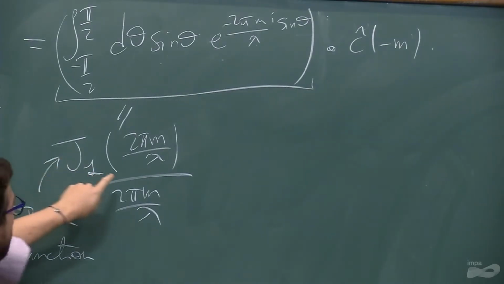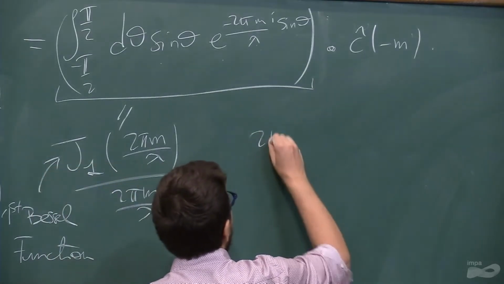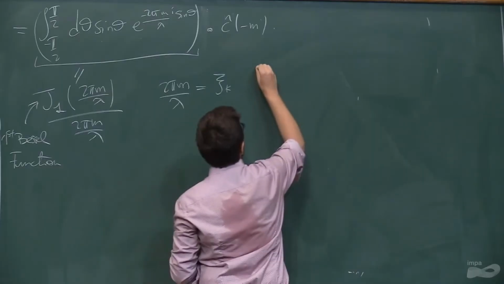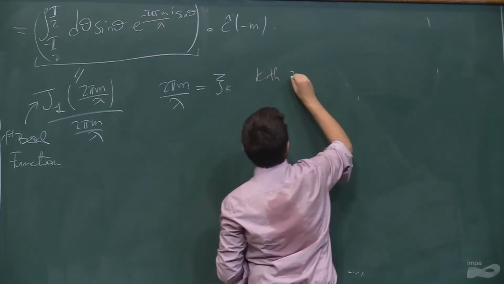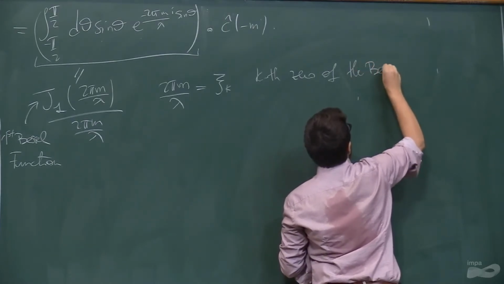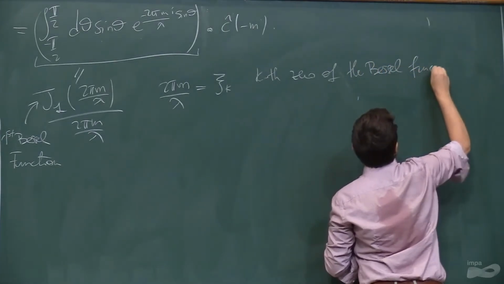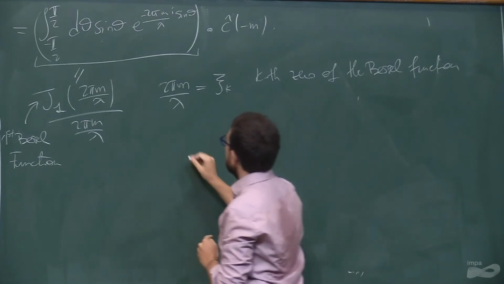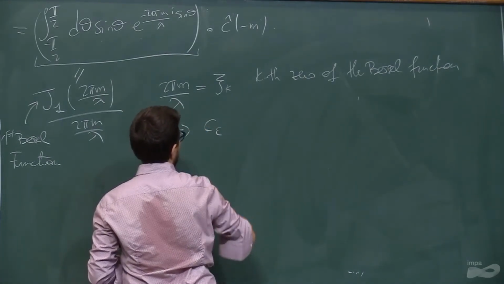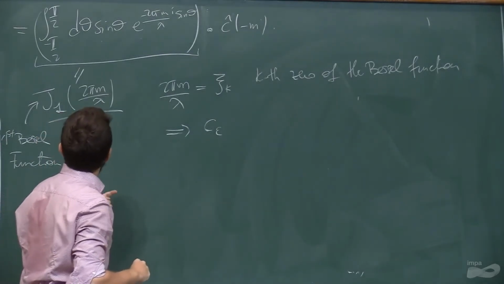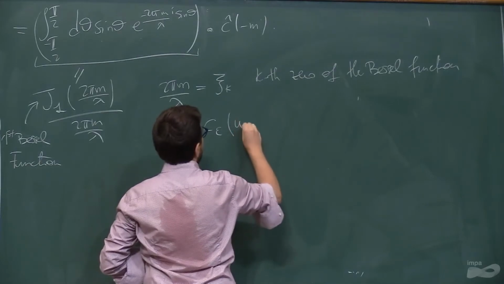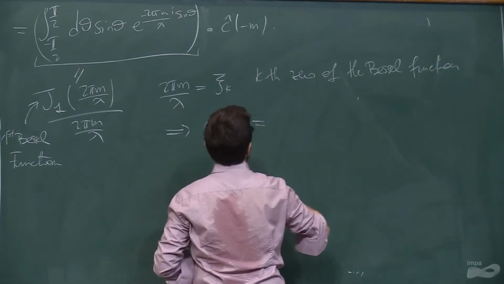But now every time this 2 pi m over lambda hits a 0 of the Bessel function, then we find some non-trivial c, which then for each epsilon we get here a value of this function c.